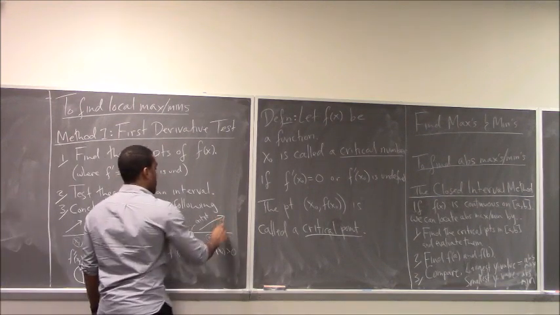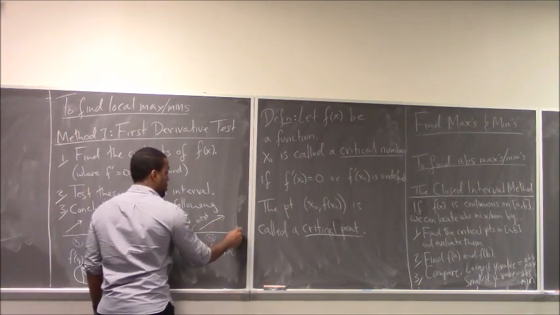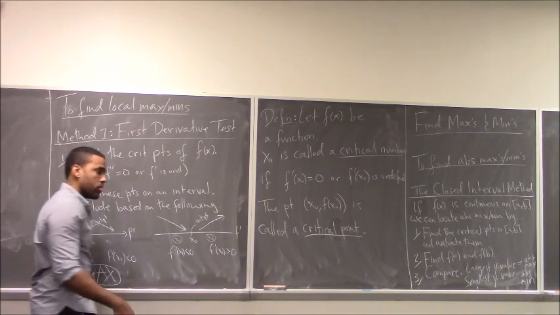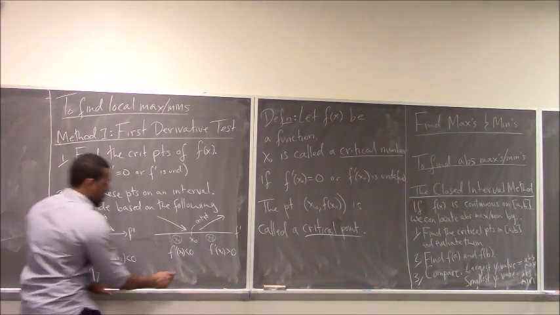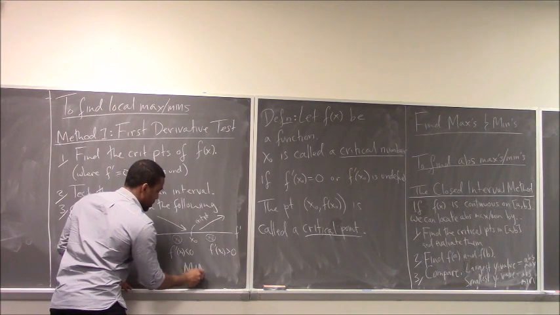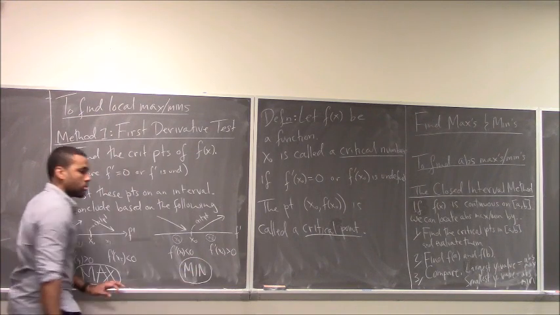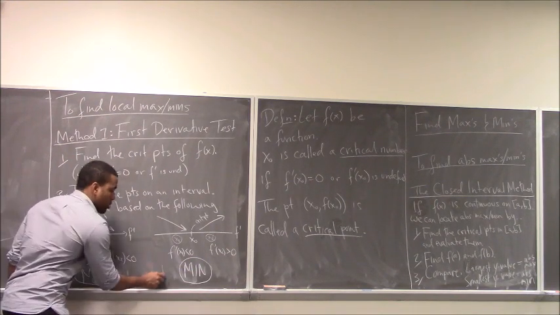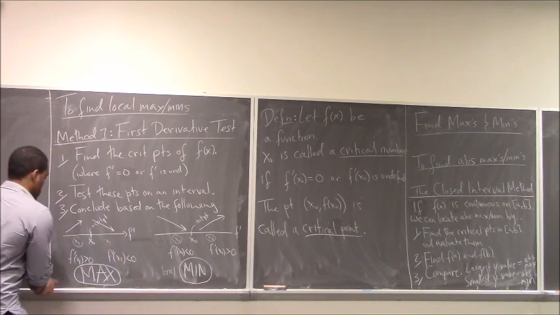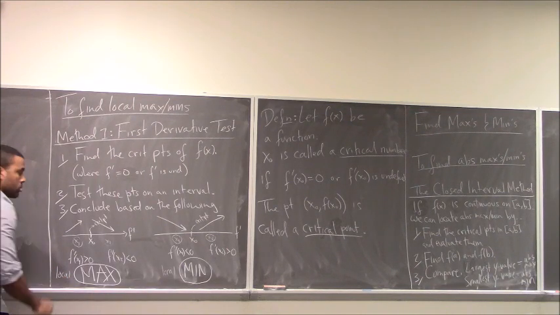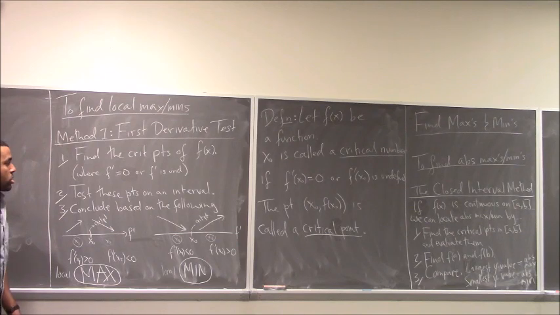Over there it's increasing. And you would plug it, make sure you're testing it not into the original function, but into the derivative of the function. And this is what a minimum would look like. In fact, it's local, of course.